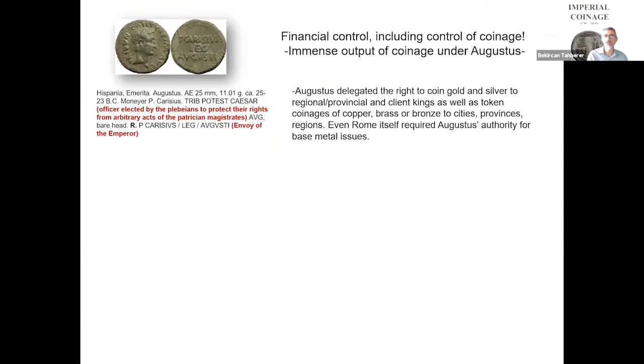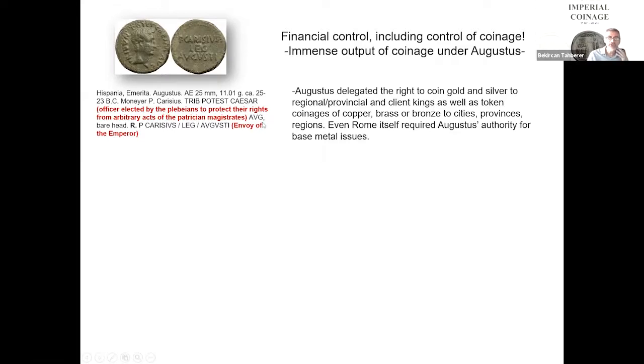He delegated the right to coin gold and silver to regional, provincial, and client kings, as well as token coinage, copper, brass, or bronze to cities, provinces, regions. And even in Rome, when they wanted to strike coins, they needed his permission. And here I have an interesting piece from Spain, Emerita.